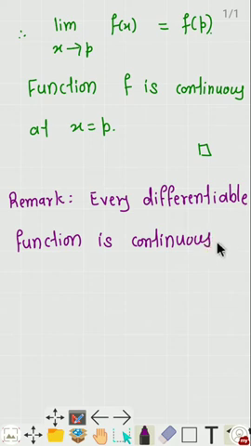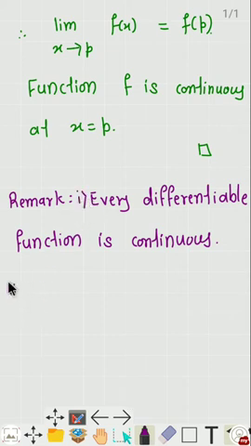Okay. Every differentiable function is continuous, that is, if a function is differentiable then it is continuous. But the converse of this theorem is not true. So this is our first remark.